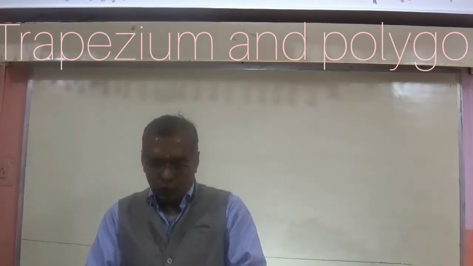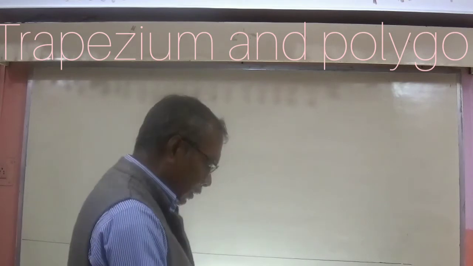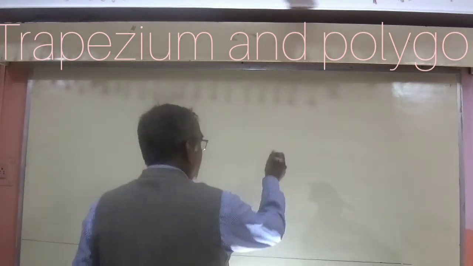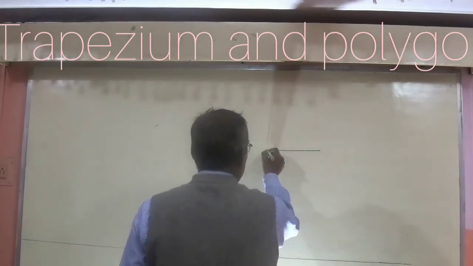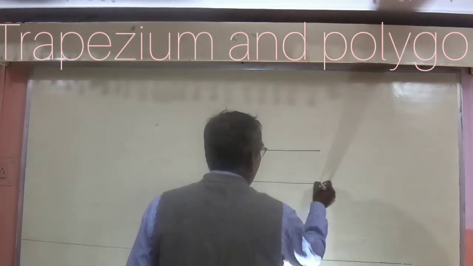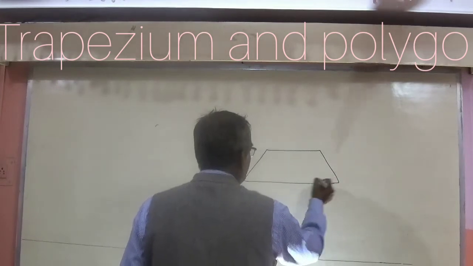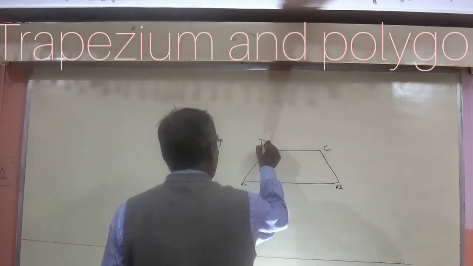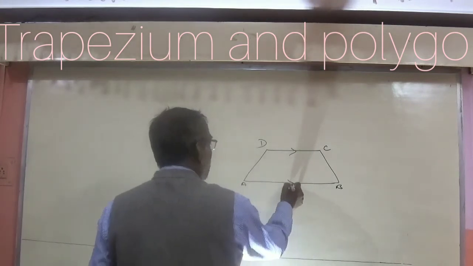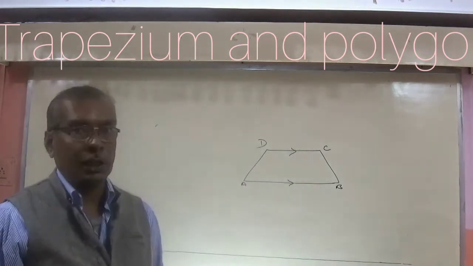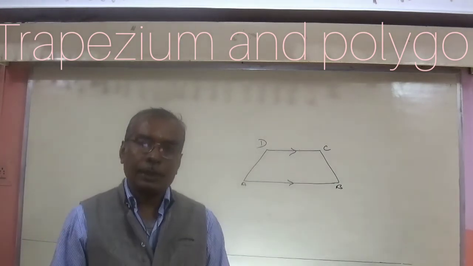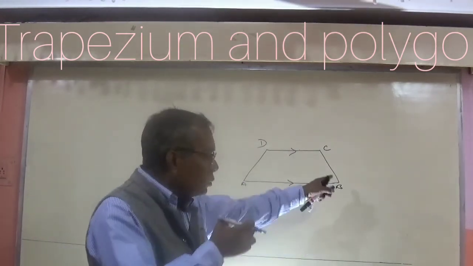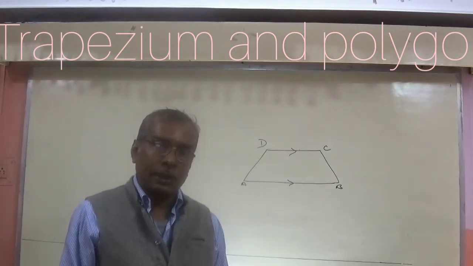Suppose I consider one diagram, a quadrilateral ABCD in which only AB is parallel to CD, then it is known as a trapezium. AB and CD are the parallel sides, and the other two sides are the non-parallel sides.